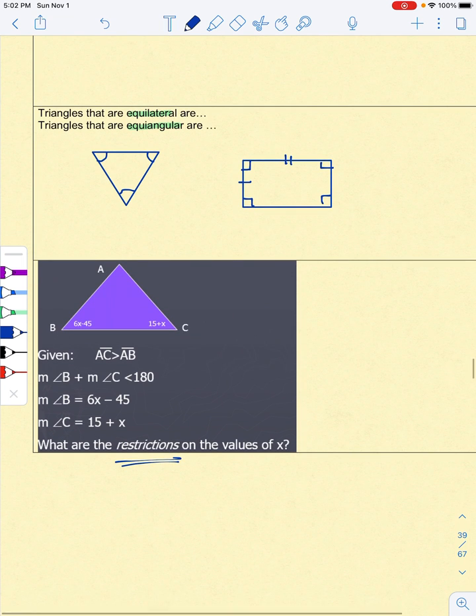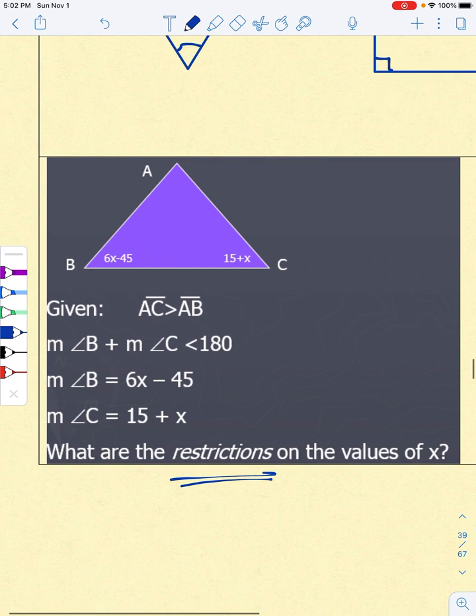All right. And finally, we come up to a triangle, and we know that AC is greater than AB. So this side is bigger than that side. Yeah? So this angle that's opposite it must be bigger than this angle.